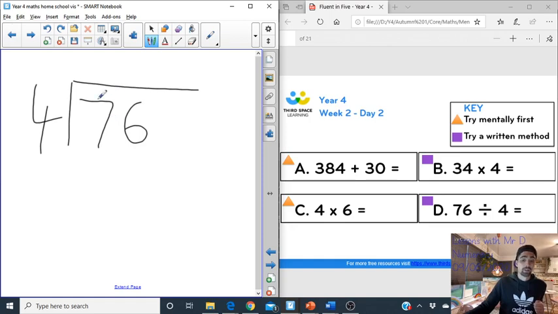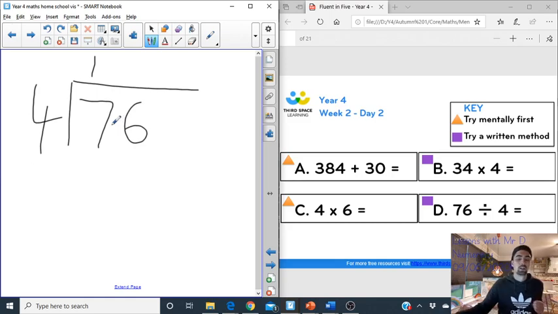Or if you know that that's 7 10s, you can treat it like a 7 as long as you know in your mind that it isn't 7, it's 7 10s. How many 4s are there in 7? Well, there's 1 4, makes 4. Are there 2 4s? 2 4s make 8. Nope, I can only get one lot of 4, 1 10 in that 7.